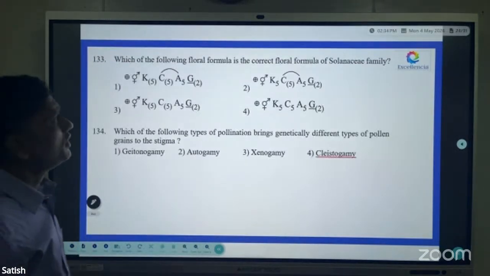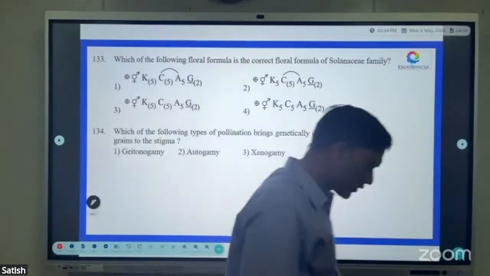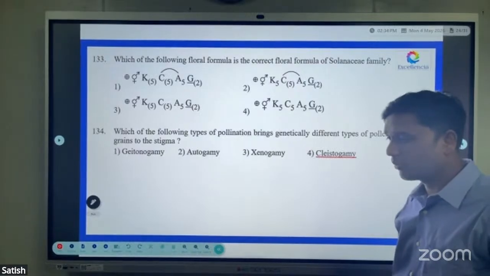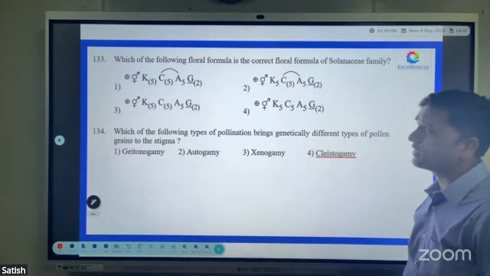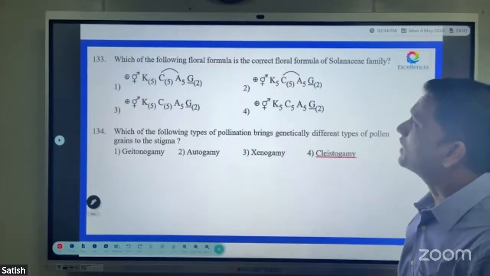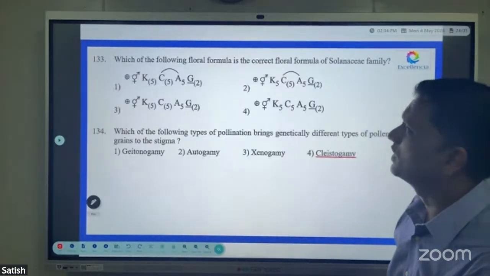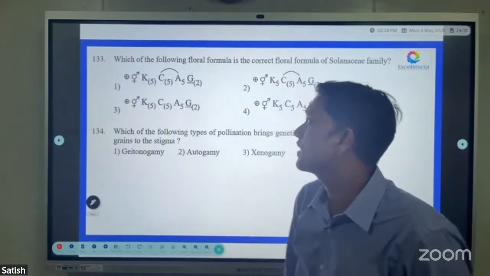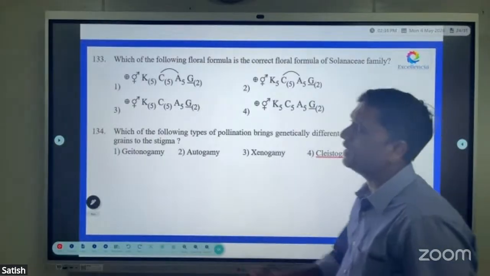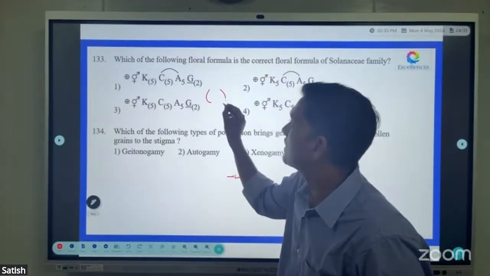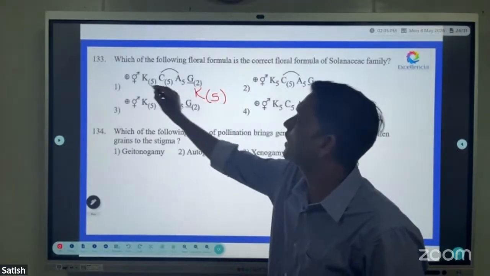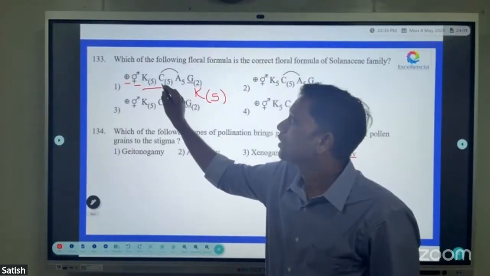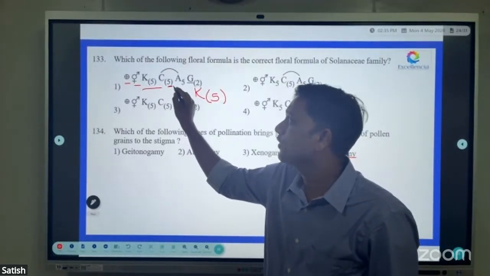Next one, which of the following is the correct floral formula of the Solanaceae family? The Solanaceae family is also called the tomato family, potato family, datura and chili family. In this family, we mainly observe gamosepalous sepals, which are in fused condition. The symbol for fusion is a bracket. So K5, 5 sepals under fusion. The flower is actinomorphic, bisexual. Corolla, 5 petals, which are fused.